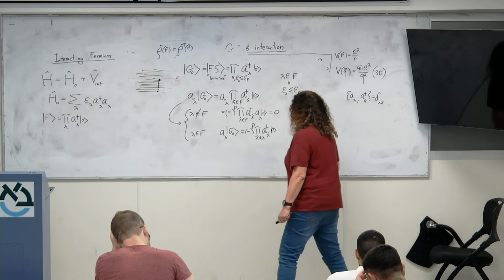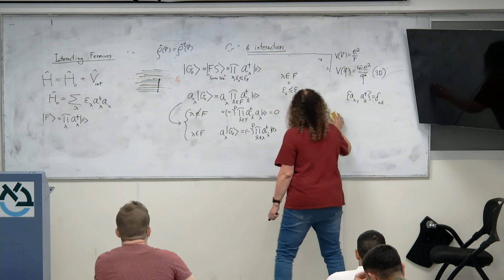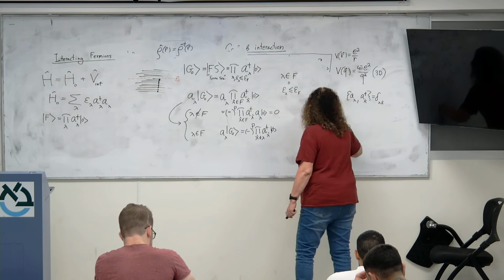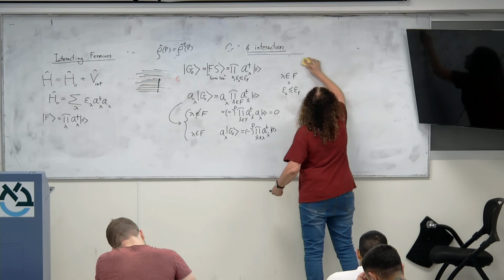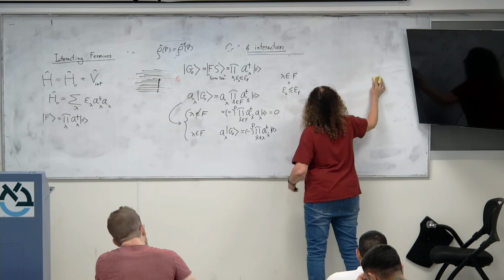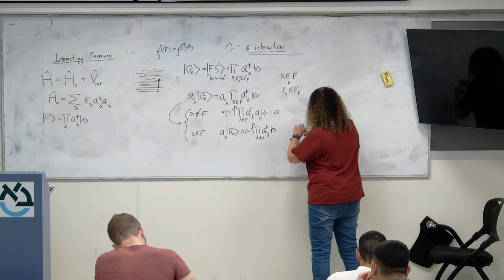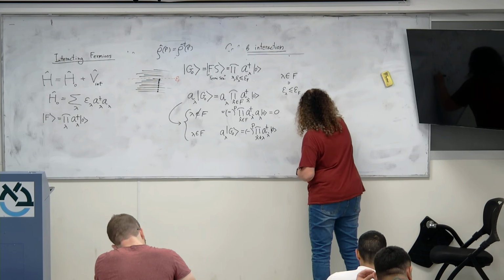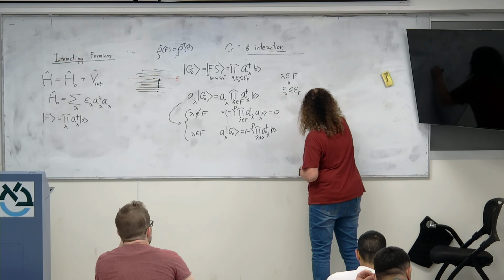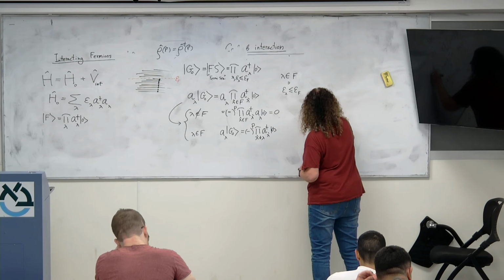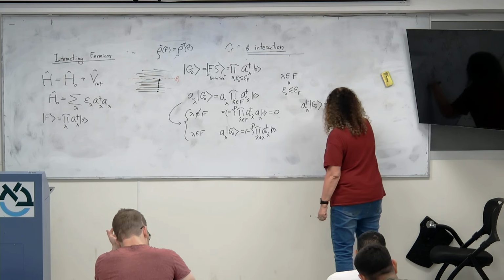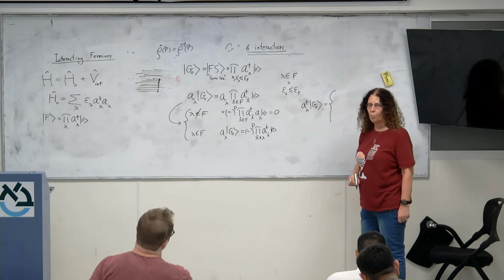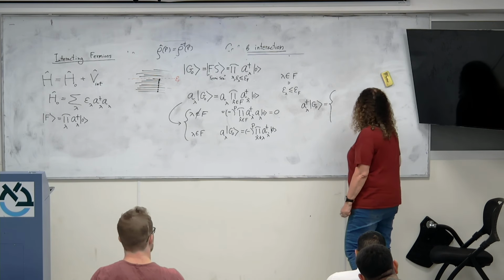So let us now act on this with A lambda dagger acting on G naught. Let's now again divide into 2 cases.